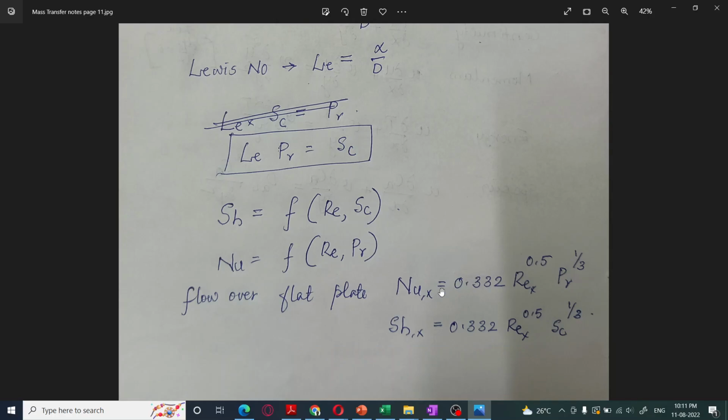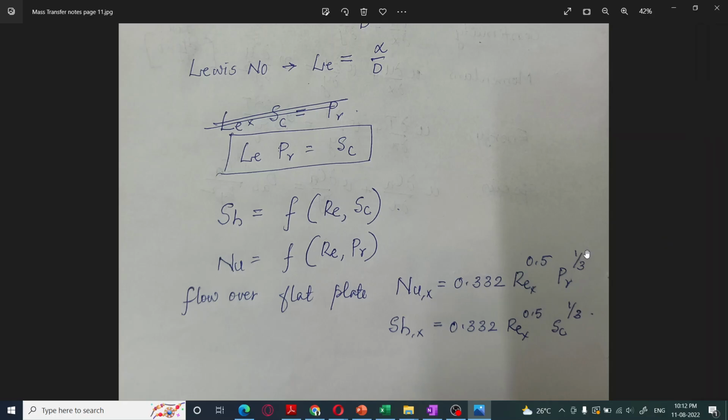For example, for laminar flow over a flat plate, the local value of the Nusselt number is 0.332 Re to the power of 0.5 into Pr to the power of 1/3. Similarly, the Sherwood number can be calculated with a similar equation: 0.332 into Reynolds to the power of 0.5 into, instead of Prandtl, the Schmidt number to the power of 0.33. So this is one example.